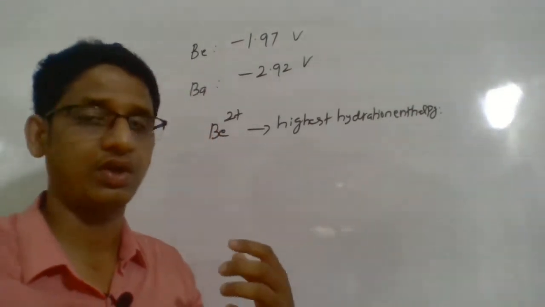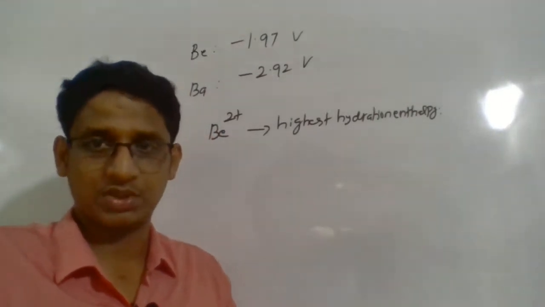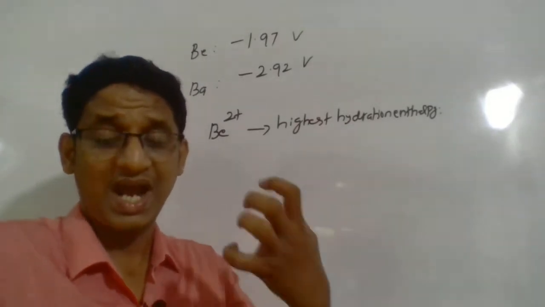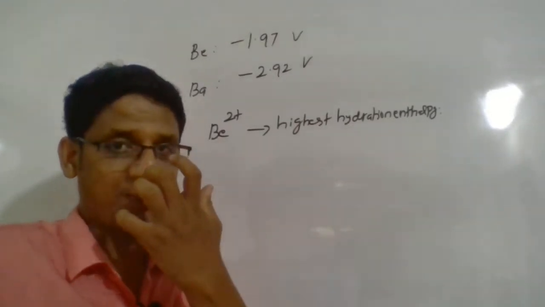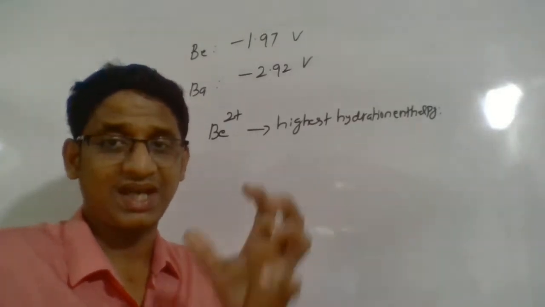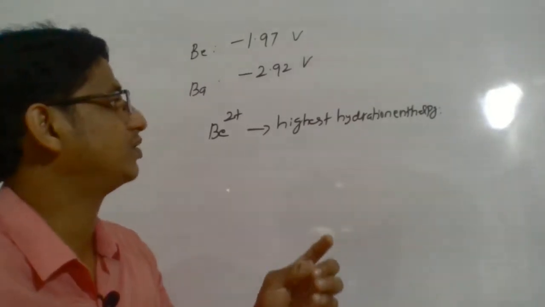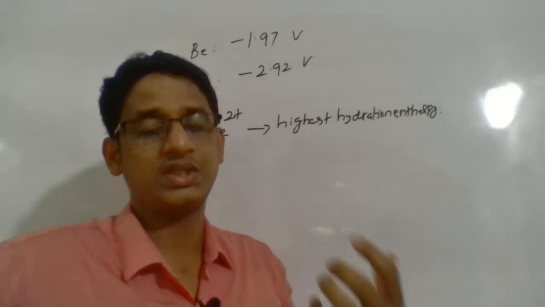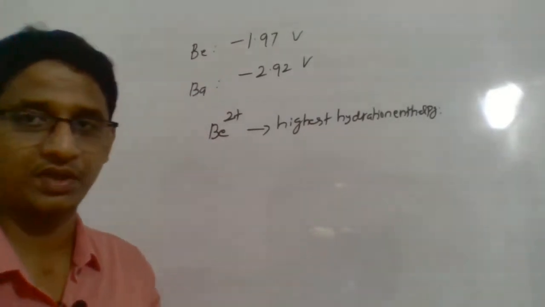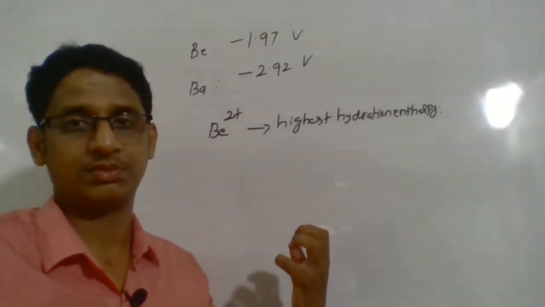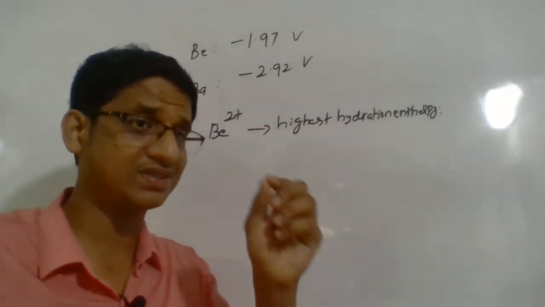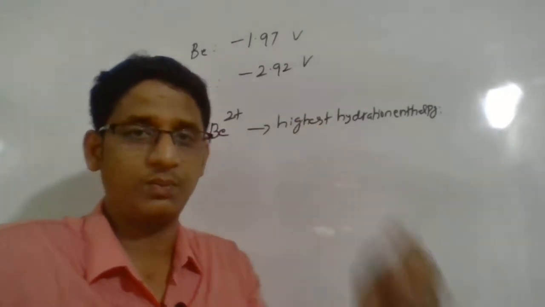And here there is an extra factor, first and second ionization enthalpy, and enthalpy of atomization, so these two actually contribute to the standard reduction potential value. Beryllium has the highest ionization enthalpy among alkali metals and alkaline earth metals, because beryllium is smaller in size, so it's very difficult to remove an electron from beryllium compared to lithium. So it all depends on what the question is.